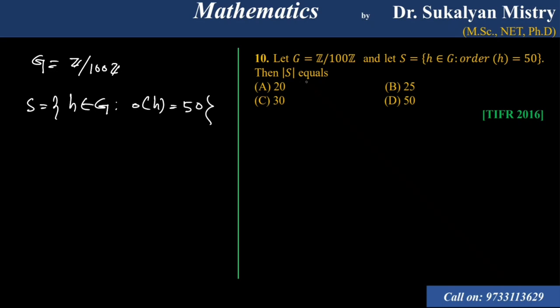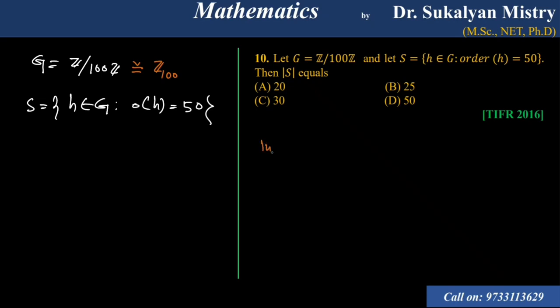Then what is the cardinality of S, that is, the number of elements in S? Z/100Z is isomorphic to Z100, right? So we know that in Zn the number of elements of order d is phi of d. That is the result.